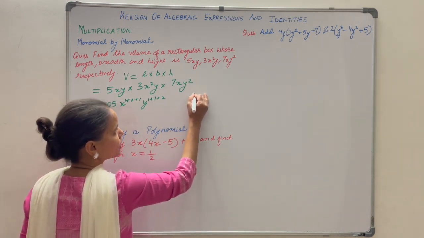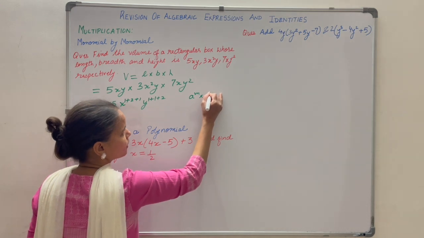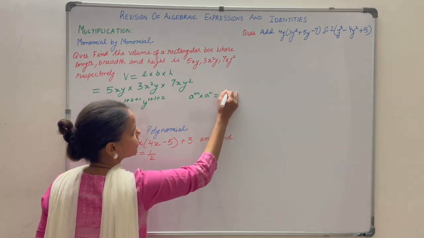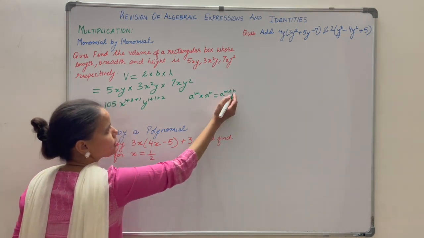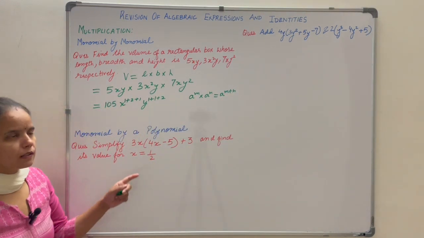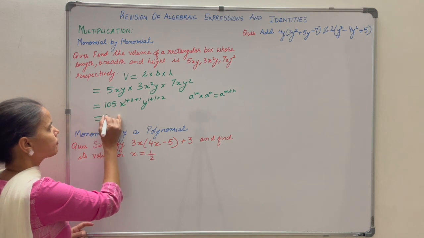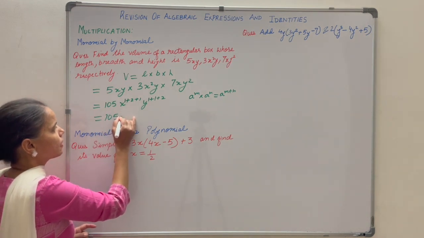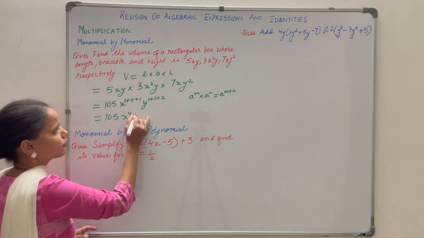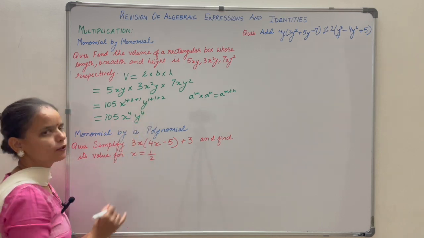When the bases are same, the powers get added up. This is the law we are using here to calculate for x and y. So 105 x raised to the power 4, y raised to the power 4.